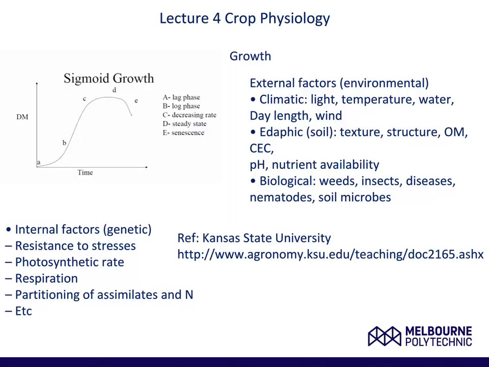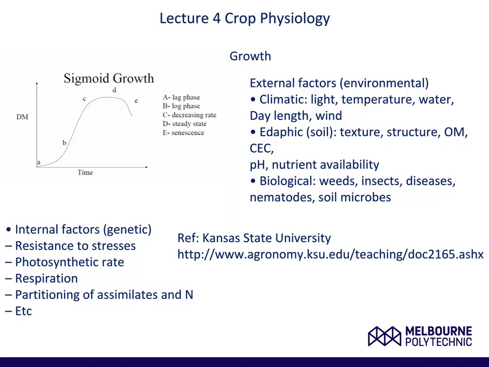The most common pattern of growth is called sigmoid growth, and it is demonstrated by the simple illustration on the left-hand side. You have dry matter compared with time. In the first part of growth you have what is called a lag phase. This is followed by a log phase.